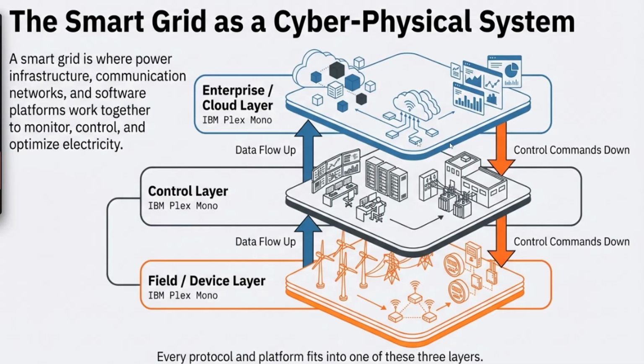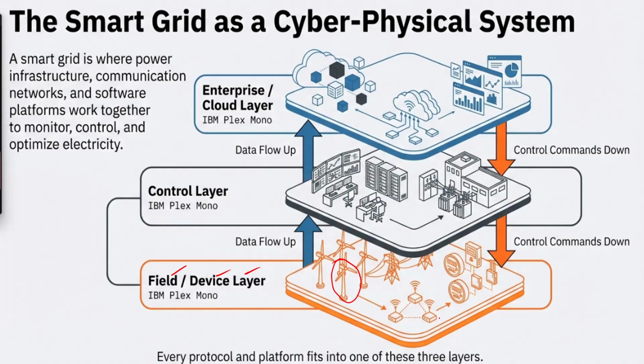If you see, this is a compressed version of the six layers we discussed yesterday, right? We have the field devices we spoke about yesterday. If you see, we have the device itself, and also we have IEDs.